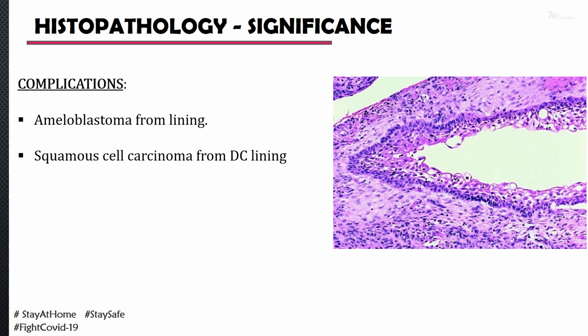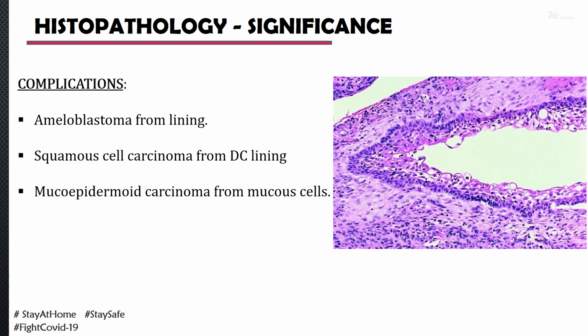The cells of the lining of a dentigerous cyst may also undergo squamous metaplasia, following which dysplastic features may be seen within the cells, giving rise to squamous cell carcinoma. We had also discussed that the lining cells of the dentigerous cyst may undergo mucous metaplasia.